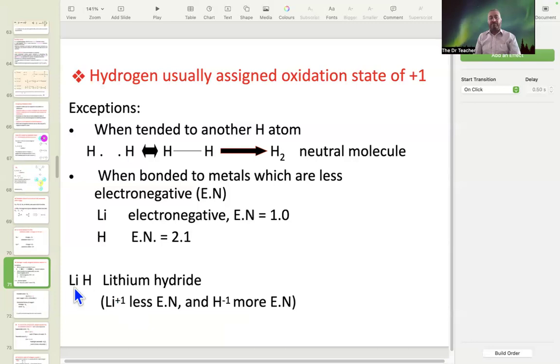Bear in mind, the oxidation state of lithium will be +1. Hydrogen here will become -1. Why? Because the lithium will lose the electron and the hydrogen will gain this electron because of the different electronegativity between hydrogen and lithium. Which one is more electronegative? That will be negatively charged.